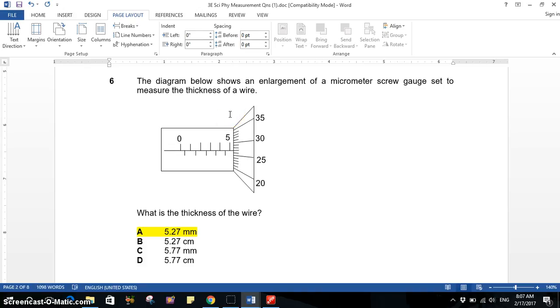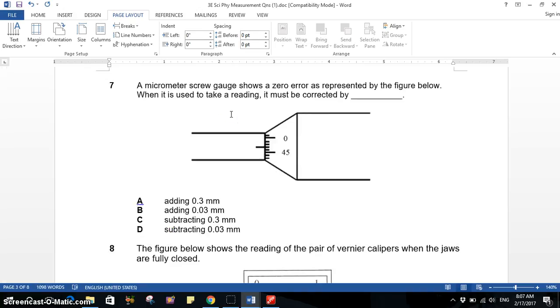So 1.5 plus 0.48 give us 1.98. This is our reading. And finally, for corrected reading, we always take reading minus error. Some students have taken reading minus error using your own data which is read wrongly, and you still get your full mark. This is because it is an error carried forward.